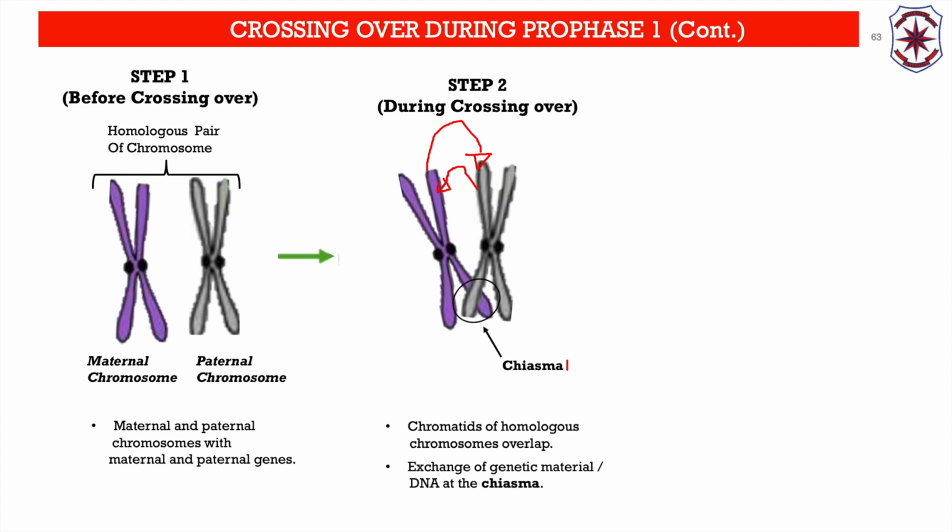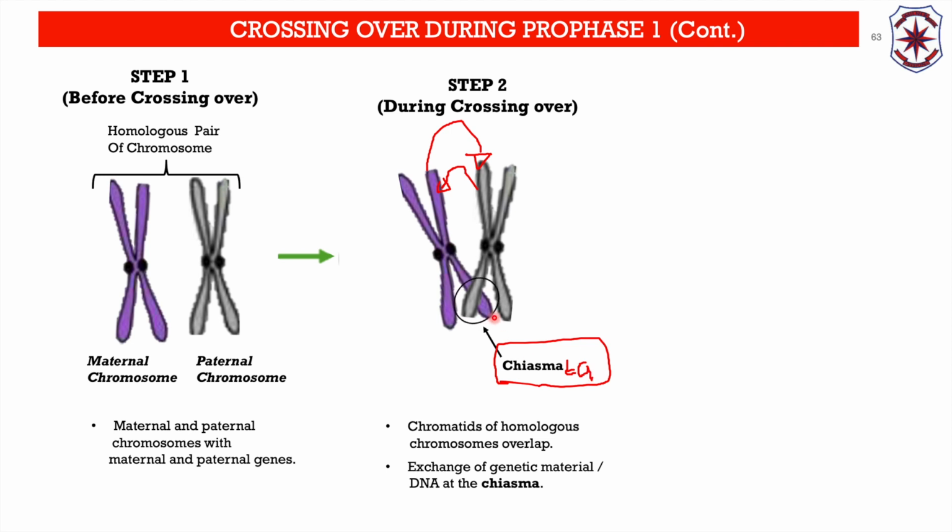When that happens, we say that we have 2 chiasmata. Okay, the plural for chiasma is chiasmata. Not chiasmas, chiasmata. So singular, 1 chiasma and many chiasmata.